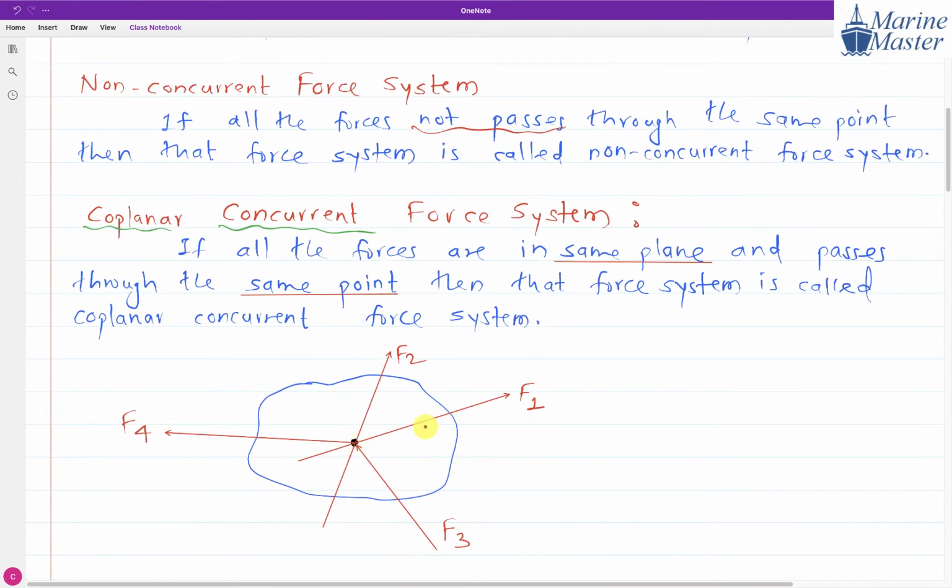Here all four forces, F1, F2, F3, F4, are in the plane of the screen and pass through this same point. So this is our coplanar concurrent force system. You got the meaning? So please write down this one.